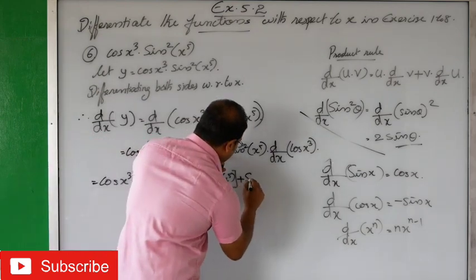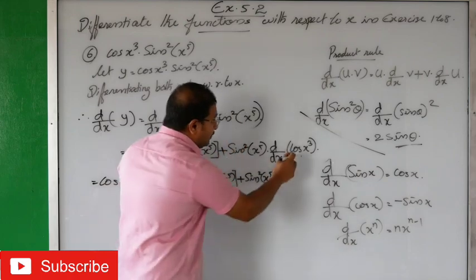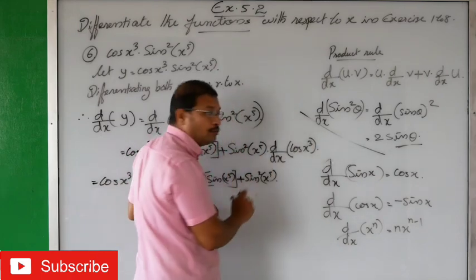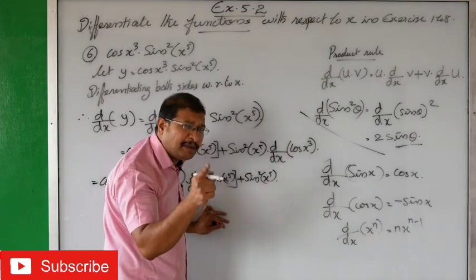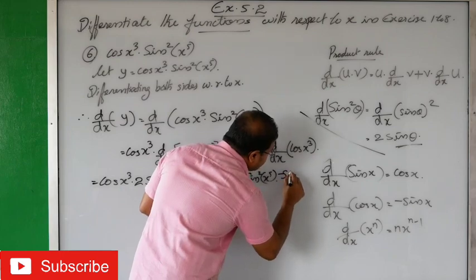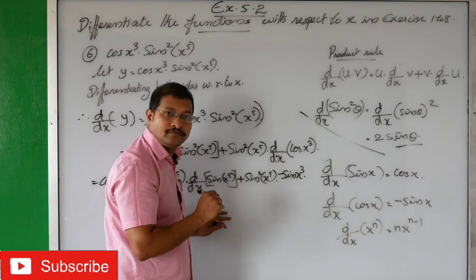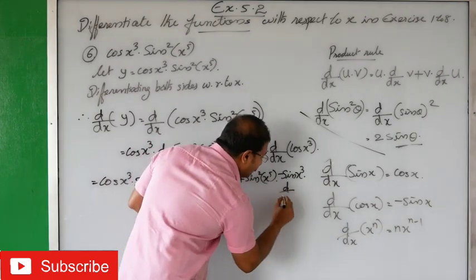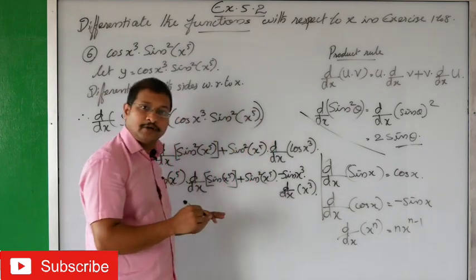Plus sine square x raised to 5 into derivative of cos x cube. That means what? Derivative of cos theta. Derivative of cos theta means minus sine theta. That means what you will do? Minus sine theta means what you will write? x cube into, one more we need, derivative of x cube. Ready?